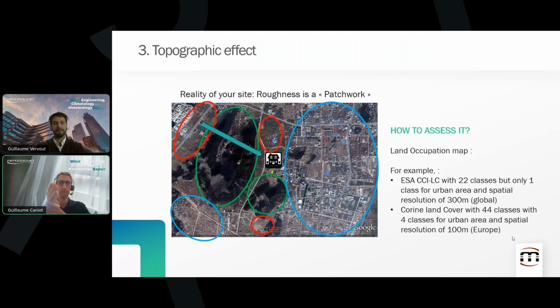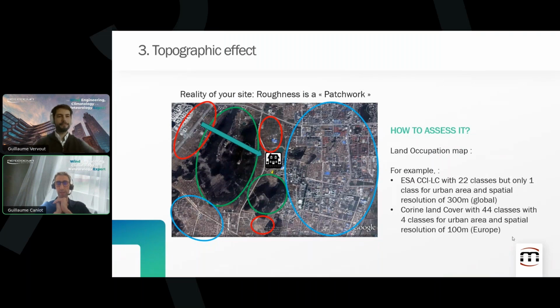Here the reality is different, so you have more complexity. For example, you have a city on the right image, a forest in the middle, and you want to transfer from the airport, which is at the left corner, to your house. There's a kind of mixture, or a patchwork, of roughness.